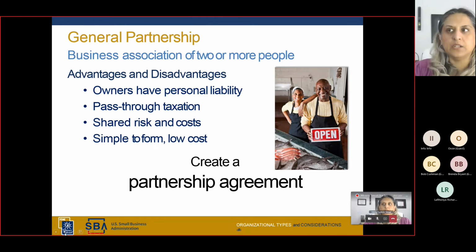So that's why contracting and a good attorney writing up your agreement are key factors to a partnership agreement, and making sure that you have a quality partner. It's much like a marriage. You really want to make sure that you know the person you're getting into a business with.